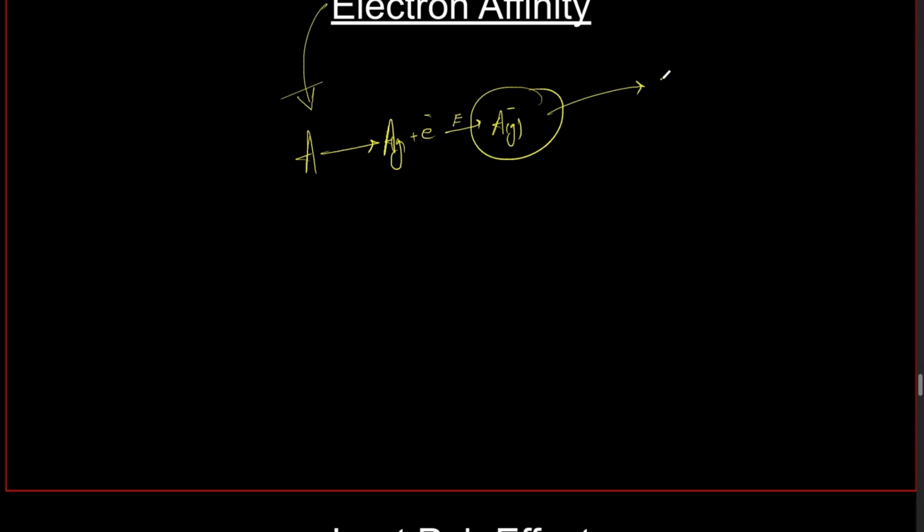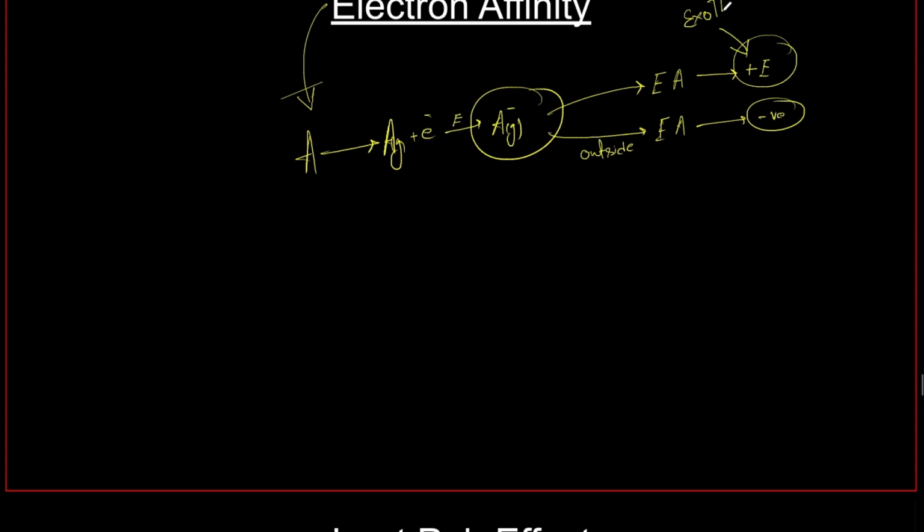If you follow the definition, electron affinity is naturally a positive energy, but you have to put a force from outside. Just keep one thing in mind: if the electron affinity is positive, it's endothermic, and if it's negative, it's exothermic. Okay, did you understand?